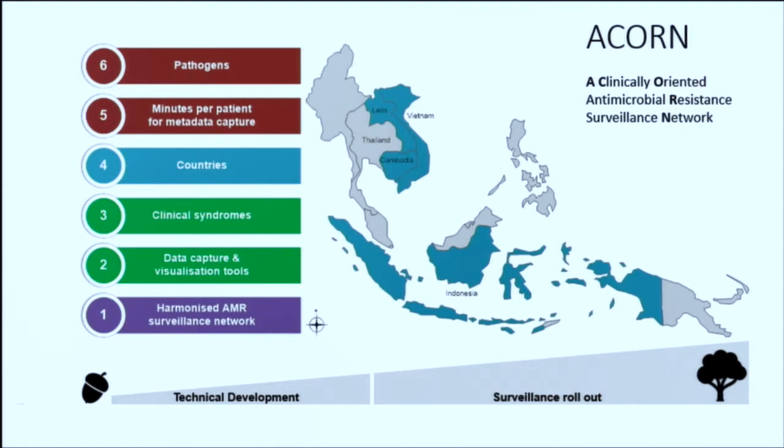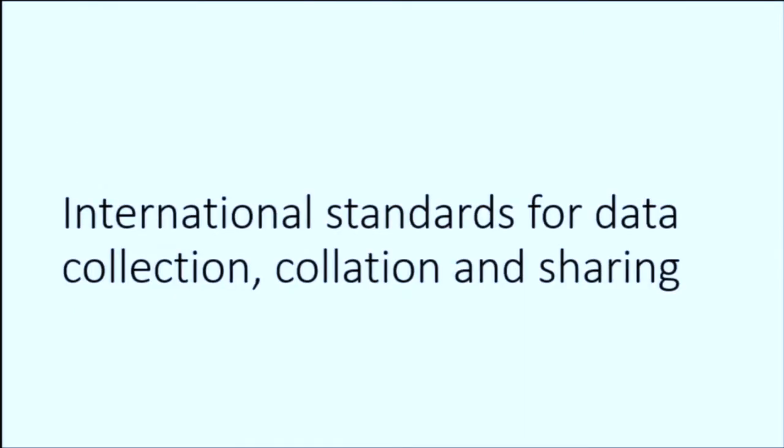So a clinically orientated antimicrobial resistance surveillance network, which is across South and East Asia. And what this is really looking at is trying to put everything together about the patients, the pathogens, the clinical syndromes, the outcome, and then try to harmonise it. And actually what this is really about is technical development, not necessarily the surveillance rollout itself, but how do we get that technology development in so that we can do this better?